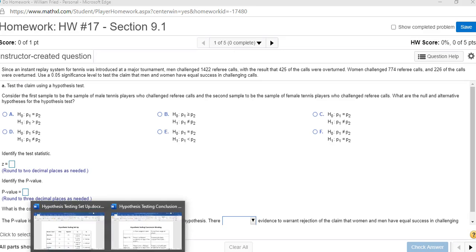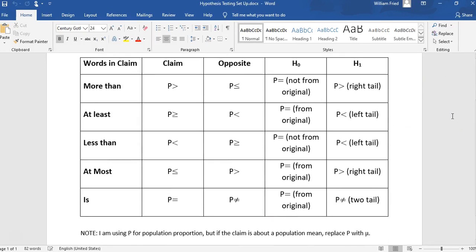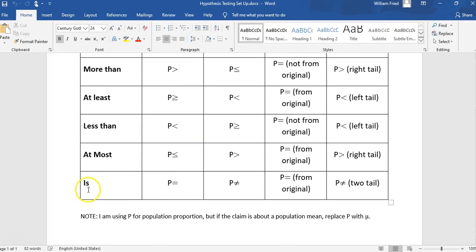So when I go to the setup chart, now this is again written in terms of P for one proportion, but the claim is about proportions being equal. And so I'm going to this fifth row where it says P equals, that's how I'm going to set it up. Now I'm going to let P1 represent the men's proportion and P2 represent the women's proportion.